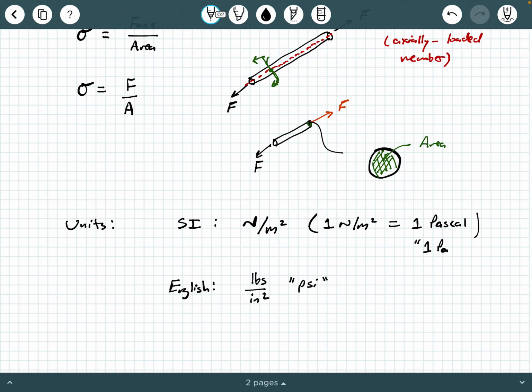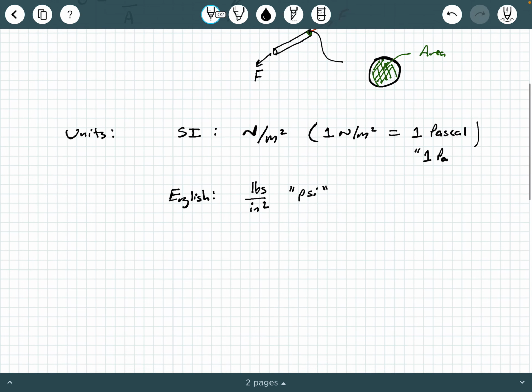So if you think of tire pressure, for example, that's measured in PSI. Well, pressure is a type of stress. Stress and pressure are often used synonymously as the same vocabulary word, meaning force distributed over an area. So that's a common type of unit for English units.